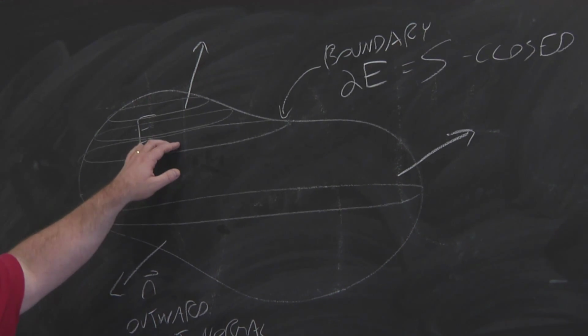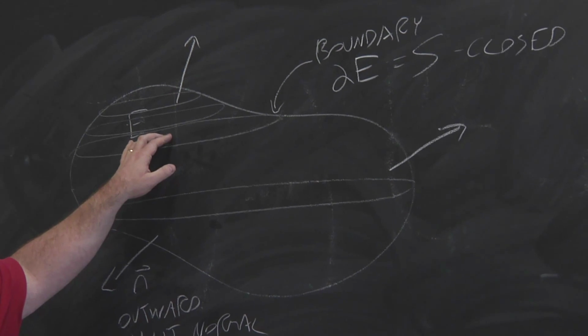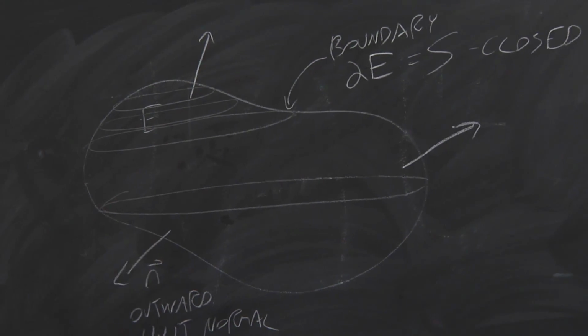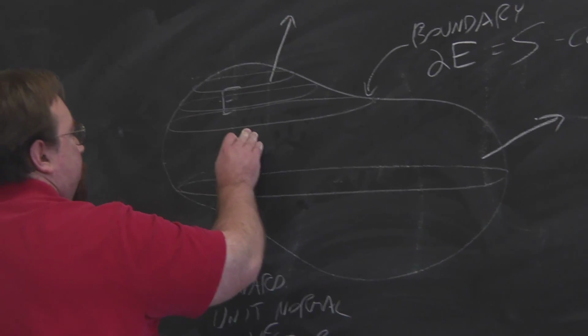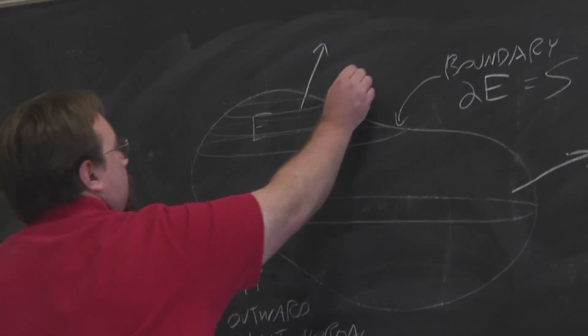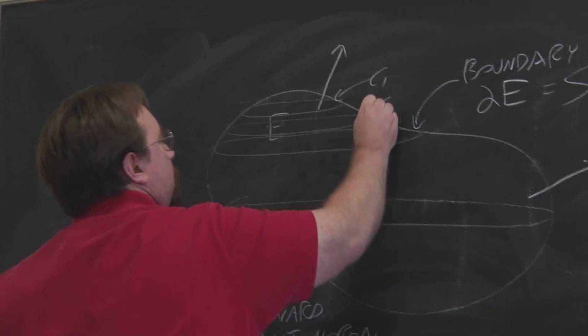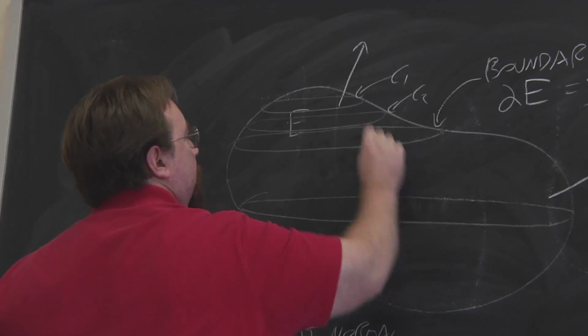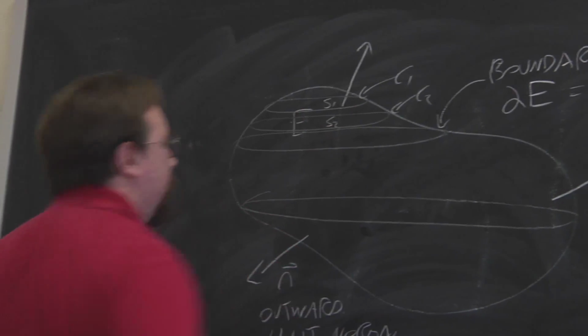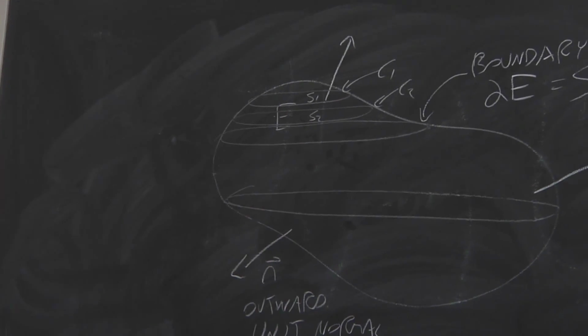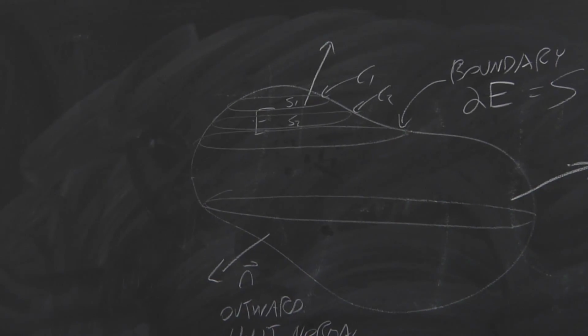Then each slice is going to be a surface, and that's going to be contained within a closed curve. So here we're going to have a curve C1, C2, and so forth, bounding a surface S1, S2, and so forth. So you can have a bazillion of these slices.